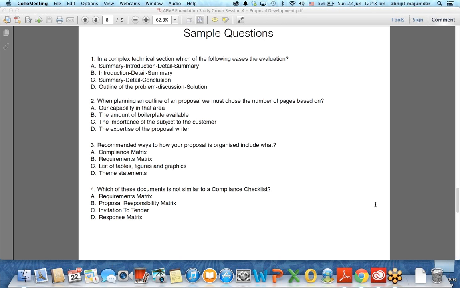So if you see, the proposal outline should be supplemented by your strategy, and your proposal storyboard should give the meat and flesh for your entire proposal. And when you are validating your proposal, you should validate it based on your outline first.